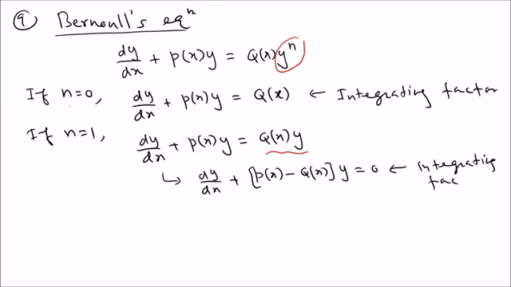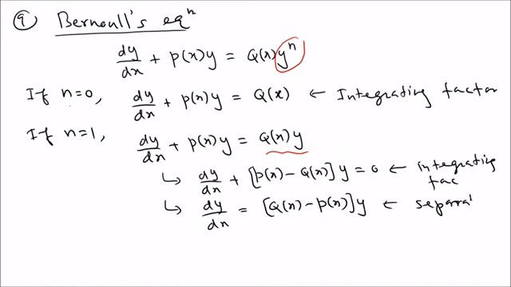Now, if we bring this term to the other side, to the left side, this can be q(x) minus p(x) times y. You can see this is separable. So that means we can solve these two cases. The n equals 0 case is integrating factor.